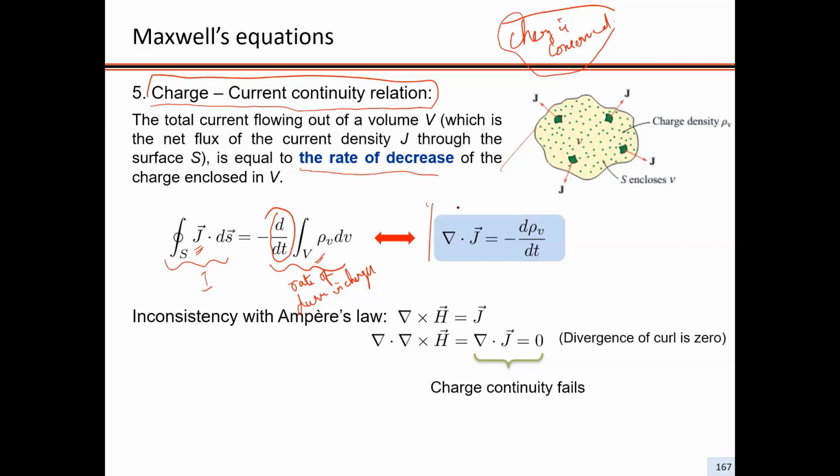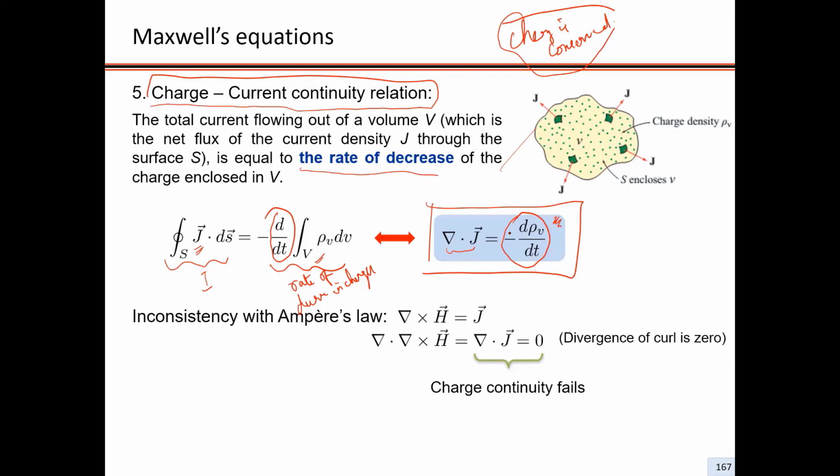So this is what charge continuity means. Divergence is the source or sink of current. Divergence of J means the net outgoing flux of current. The source of current is going to be the rate of decrease in the charge density.